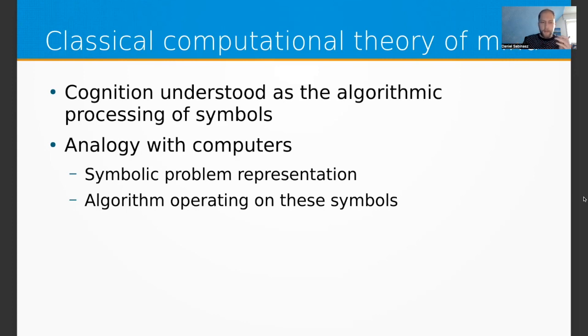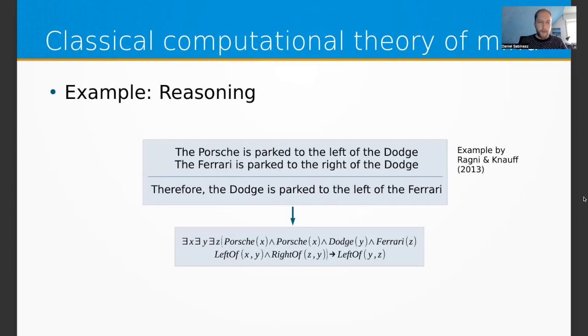And the classical computational theory of mind essentially states that that is analogous to how the human mind solves problems. So let's look at an example. Assume that we're given a deductive reasoning task. So we're given two premises here in this example.